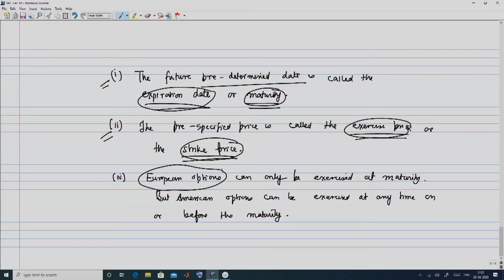But on the other hand, if the option has the flexibility that it can be exercised and the purchase and sale can take place at any point, either at expiration or maturity or any time before it, such more flexible options are what are known as American options. So, that way you can see that there are two broad classifications of options.